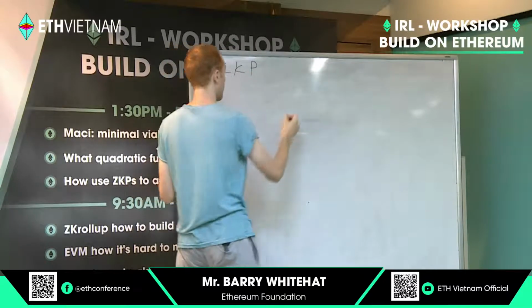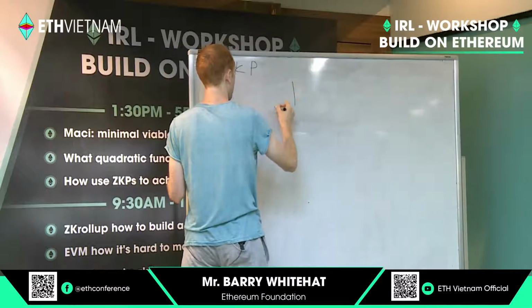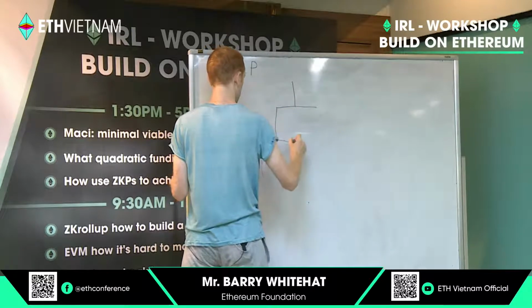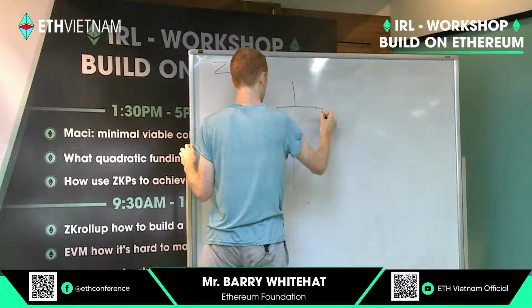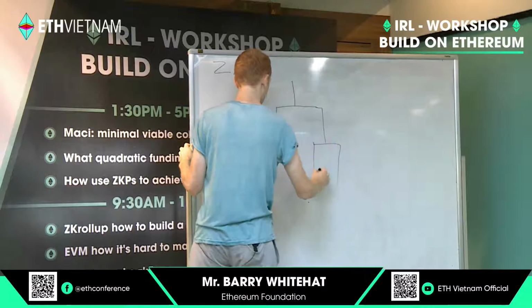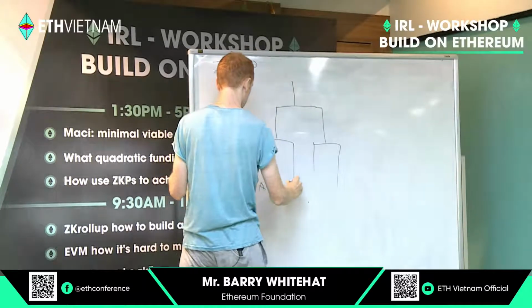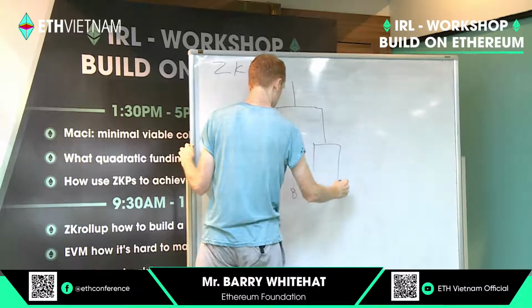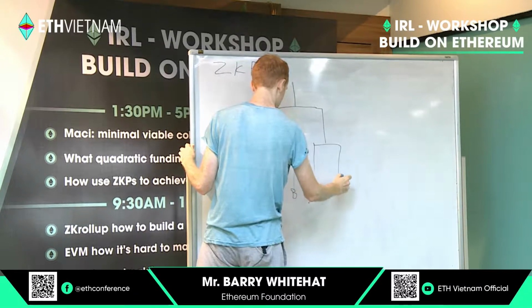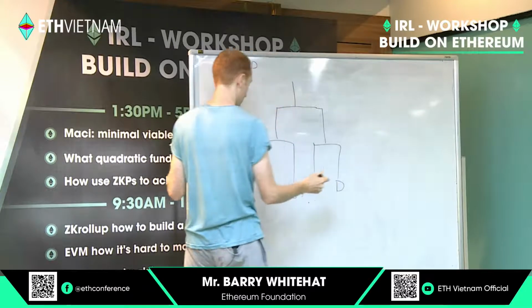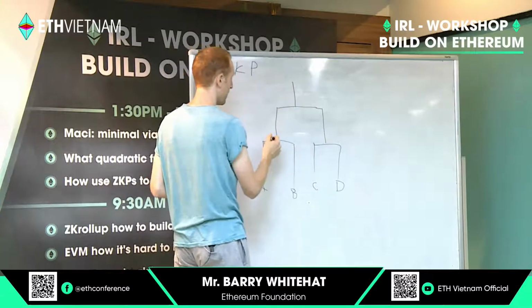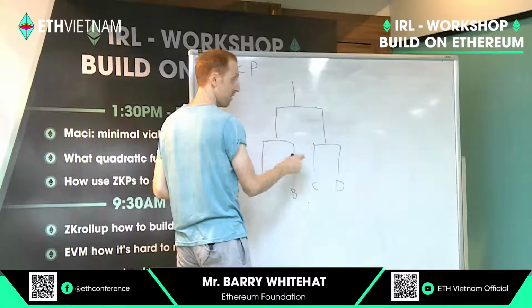Basically the way that we calculate the Merkle root is that we make this kind of tree. This is called a Merkle tree. We have this tree where we have all of our users: Alice, Bob, Carol, and Denise. Each of these users has a leaf in the tree, and then we calculate the Merkle root by hashing these together.